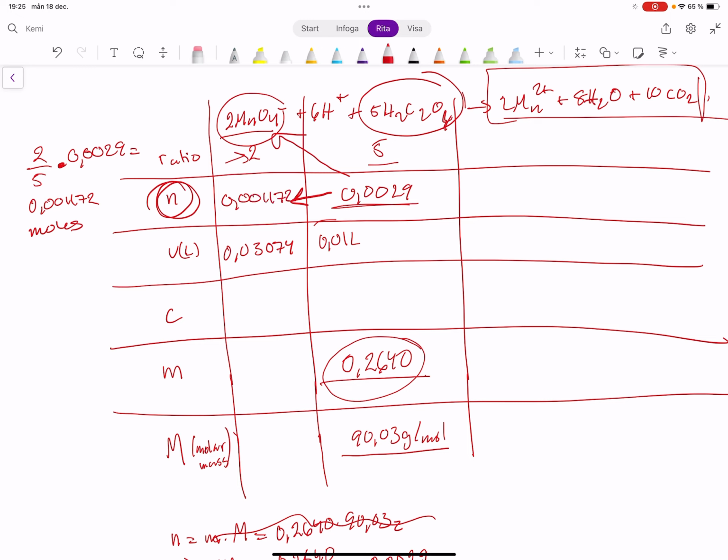So that's the answer. Now you look at your table again. I can calculate the concentration for this one. I could calculate the concentration for this one.